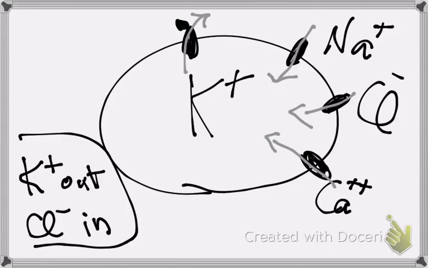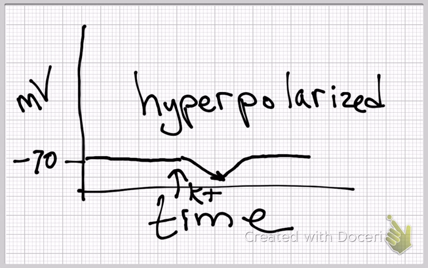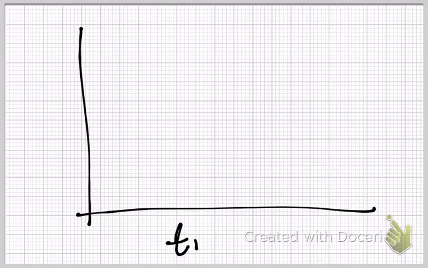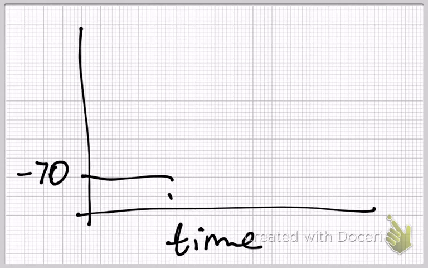Okay? Now that we've seen that, what is the effect of sodium or calcium gates? They're both positive on the outside, so they want to come in. Doesn't that make the inside more positive? So what will that look like on our graph? If we're sitting at rest at -70, and I open a sodium channel or a calcium channel, which way does my graph go?